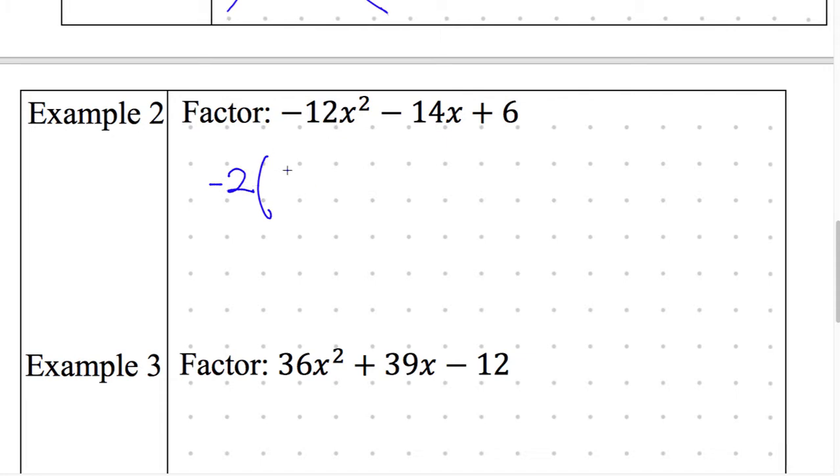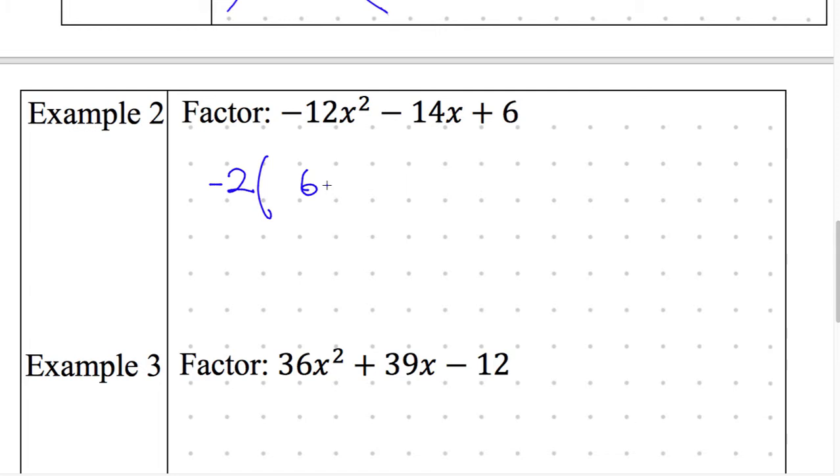Fernando, can you do the rest of the problem for us? Just the rest of the factoring right here, the first step. So it'd be -6. Careful. So negative divided by negative is now a 6.